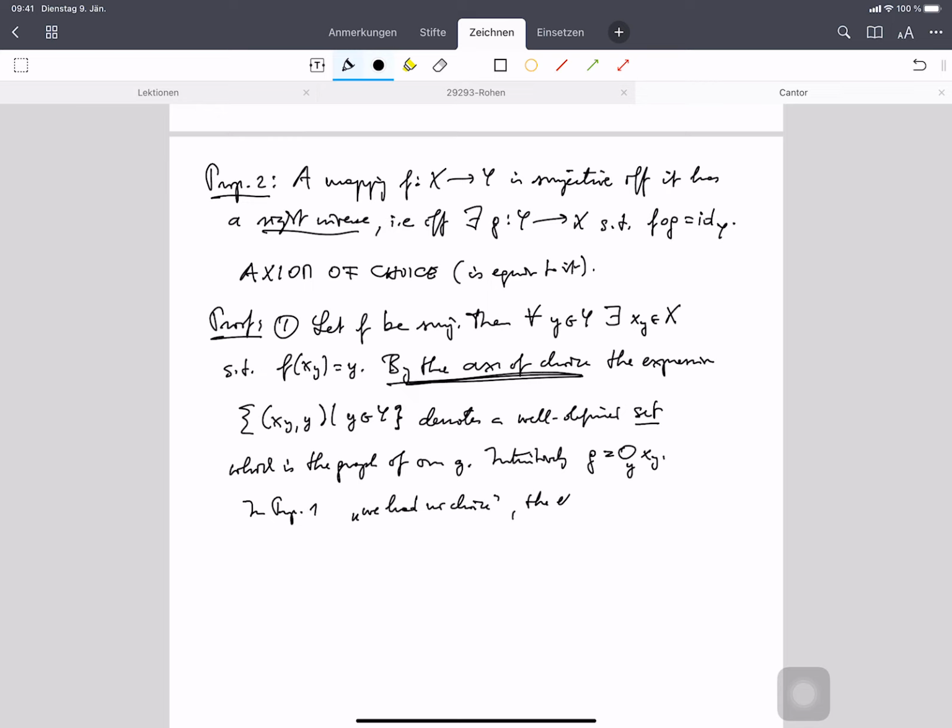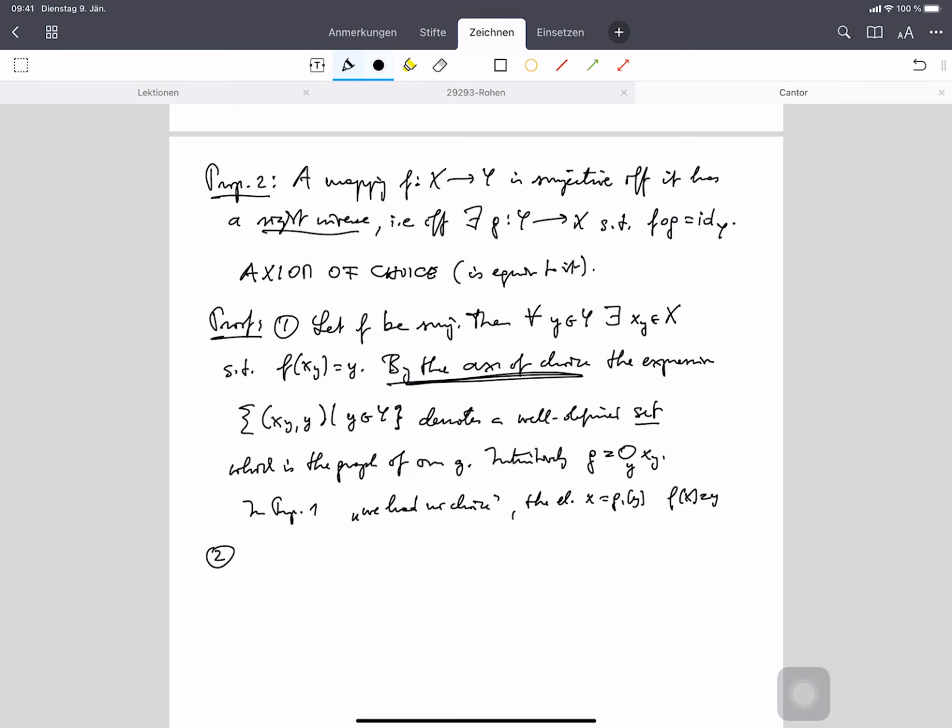The element x being uniquely determined by the condition f of x equal y and by the injectivity. Okay. The second direction is also this time easy.